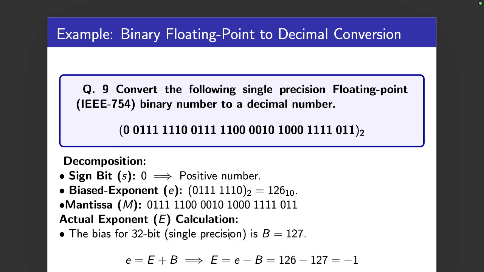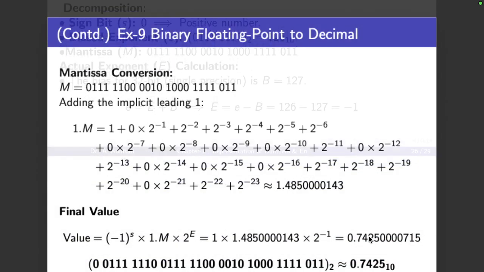The actual exponent E is calculated with bias B, which is 127. We know the formula: biased exponent equals actual exponent plus B. So the actual exponent E is 126 minus 127, which is minus 1.